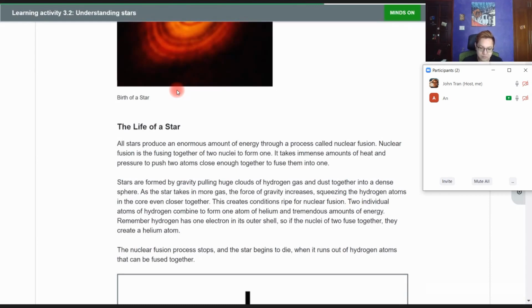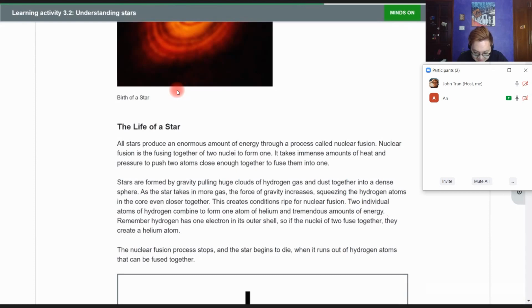Stars are formed by gravity pulling huge clouds of hydrogen gas and dust together into a dense sphere. As the star takes in more gas, the force of gravity increases, squeezing the hydrogen atoms in the core even closer together.